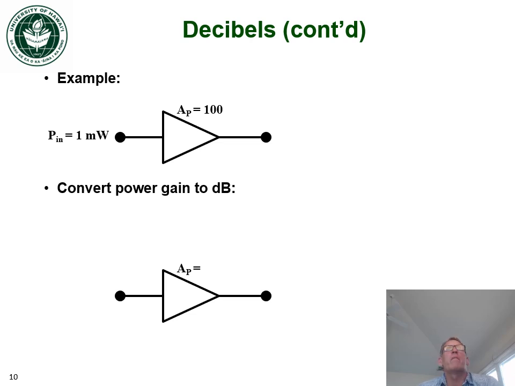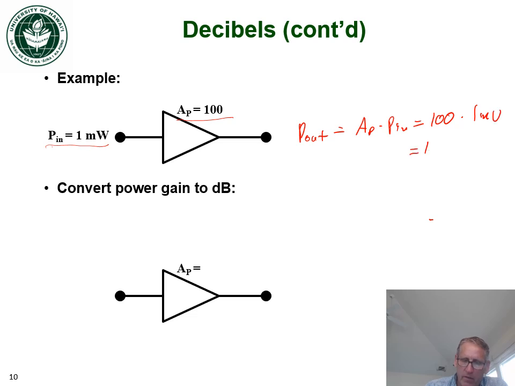All right, let's talk about some more examples here. Let's do a quick example of a power amplifier. The input to our power amplifier is 1 milliwatt. We have a power gain of 100. What would the output be? Well, P out would just be AP times P in, which would be 100 times 1 milliwatt, which would be 100 milliwatts.